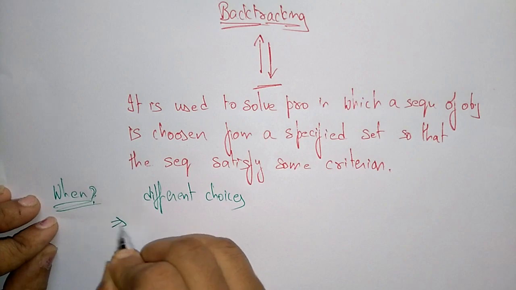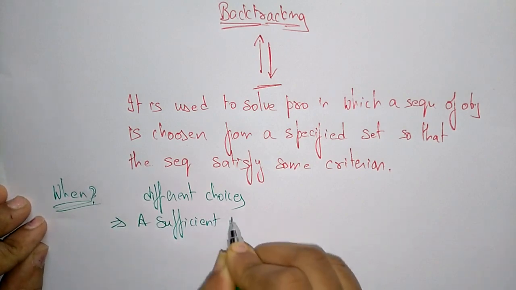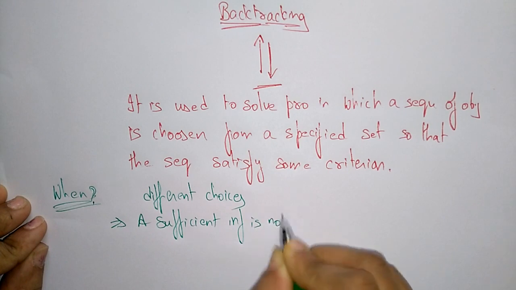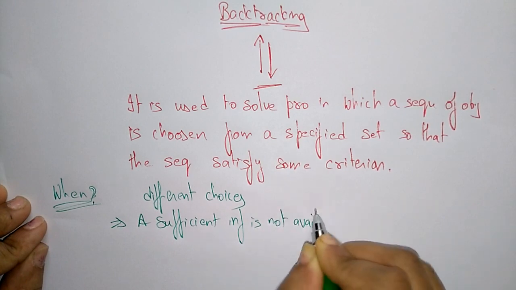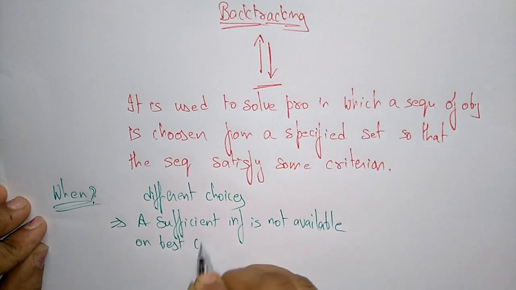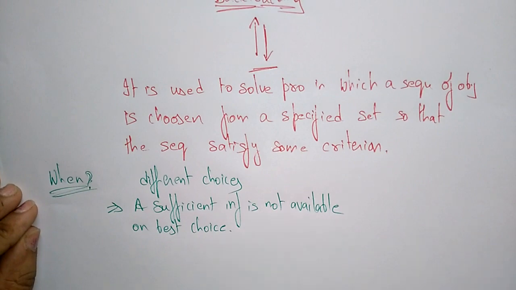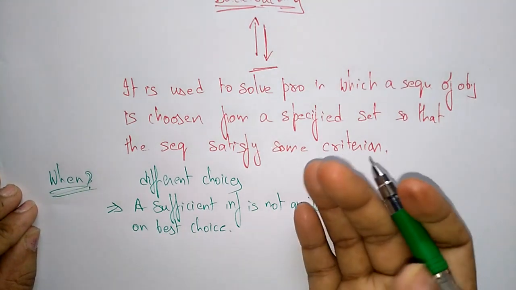Suppose sufficient information is not available on the best choice. In that case, if you didn't get the sufficient information on that best choice, again you do the backtracking.